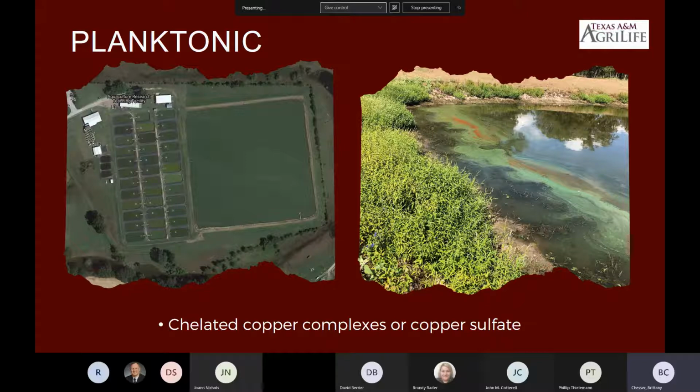The media typically uses that nice bright blue color, but just know that it can be shades of blue, green, brown, red, purple. It gives the appearance of spilled paint. Sometimes you can just see a nice surface film that almost looks like an oil slick. That's another indicator of blue-green algae.